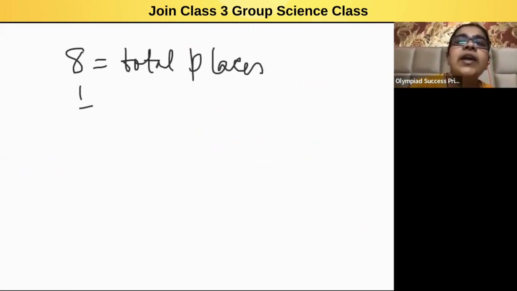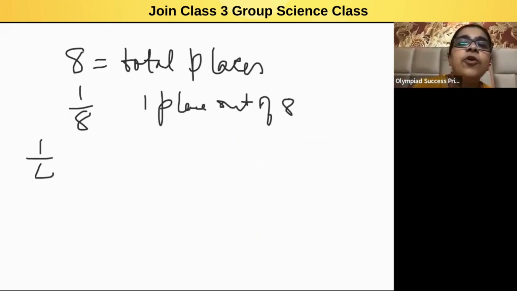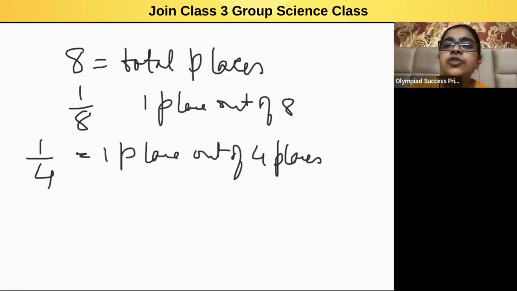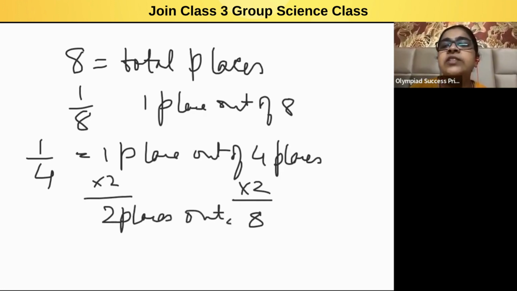So 1 by 8 means one place out of 8 places. But 1 by 4 will mean one place out of 4 places. 4 is exactly half of 8. So to make 4 into 8, I have to walk 2 places. So 1 out of 4 is equal to 2 places out of 8 places.